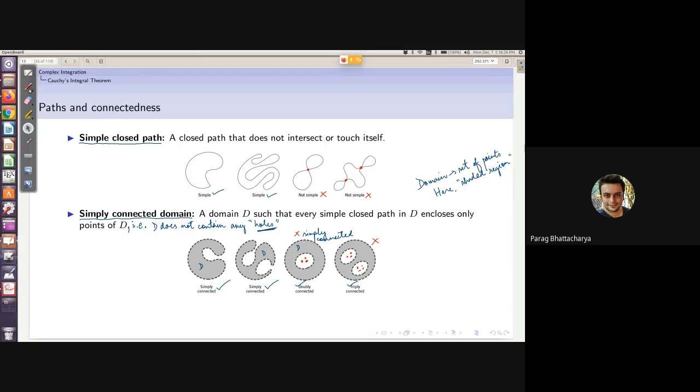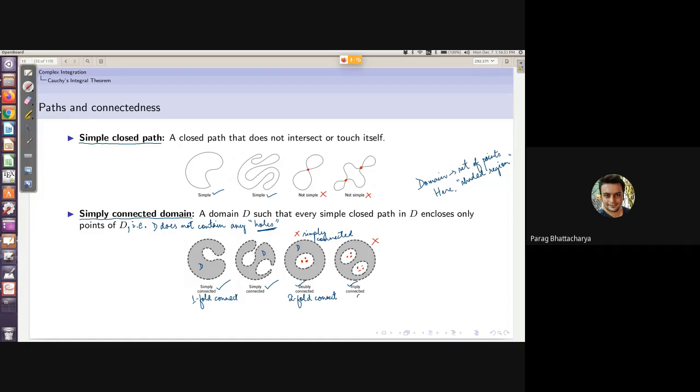This is one more way of looking at it. Simply connected means one-fold connection. Here also, this means one-fold connected. Doubly connected means two-fold; formally, this is what we call two-fold connectedness.